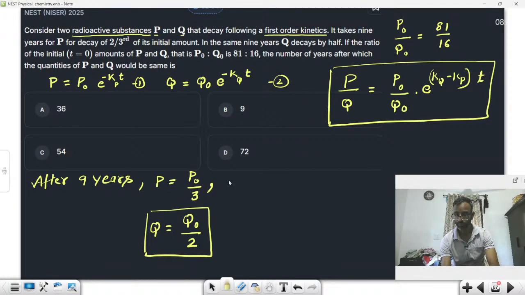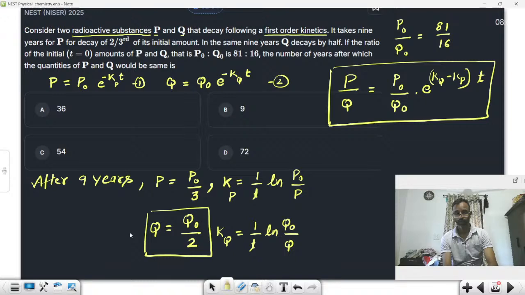Now let us calculate kp. So what is k? k is 1 upon t natural log of p naught upon p, that is kp. And what is kq? 1 upon t natural log of q naught upon q.